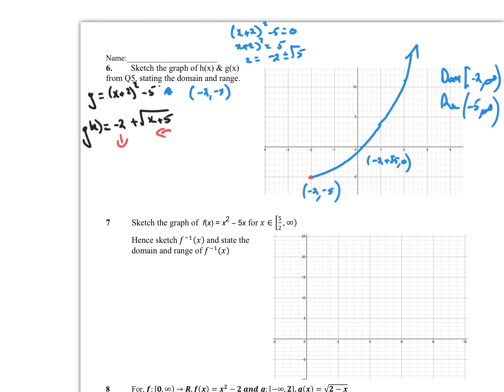So -5, -2 might be about there somewhere. What was the y-intercept of the original? The y-intercept, I got 2 squared minus 5, which is -1. So that point there is at the point 0, -1. So if that's my y-intercept, my x-intercept will be at the point -1, 0.